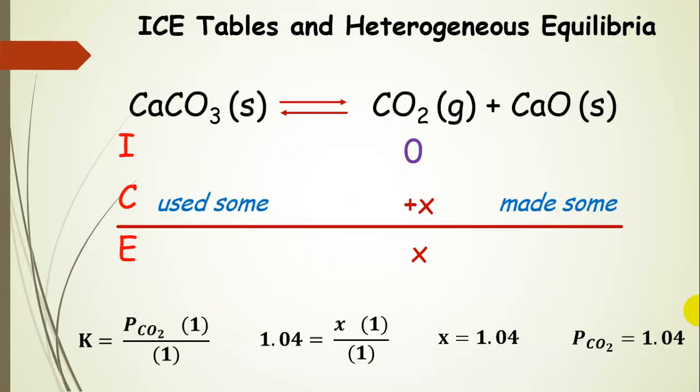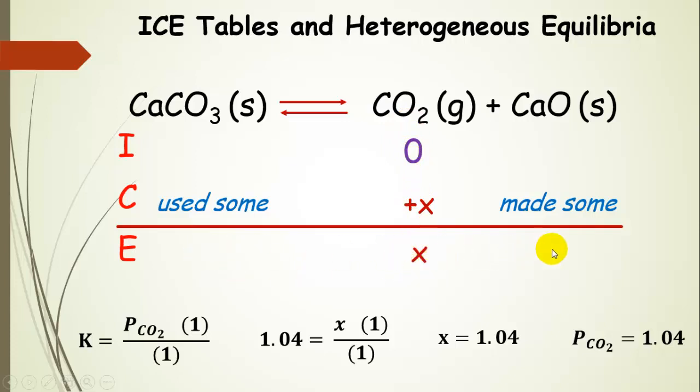So let's write down the equilibrium constant expression for this system. K is equal to products over reactants, and the activities for both solids are 1, so we're just going to put in 1 for both of those solids. That leaves us with only the partial pressure for carbon dioxide. Now, when we add up the initial plus the change, we're just going to end up with X at equilibrium.